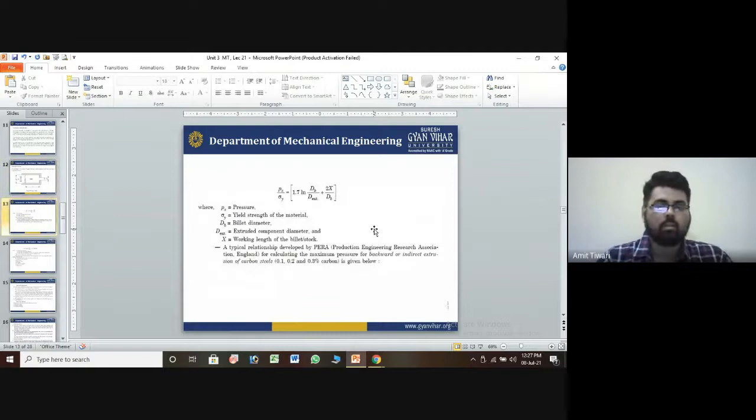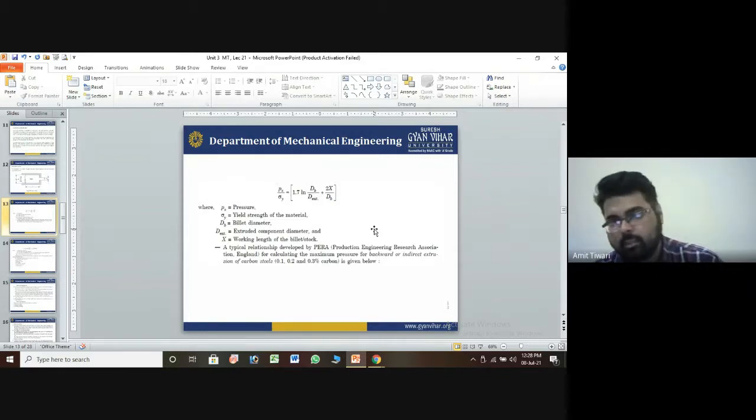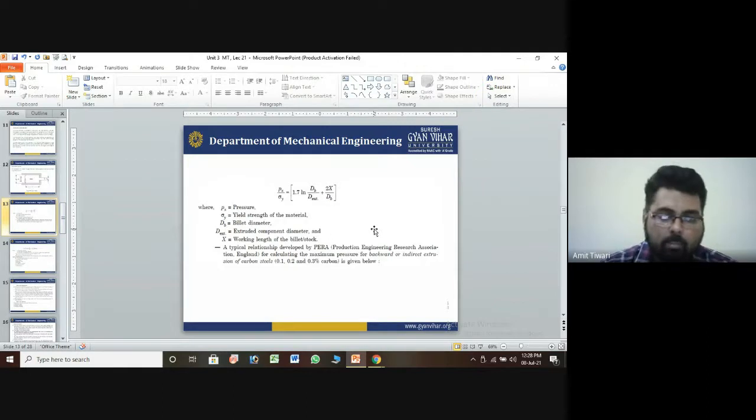Now what is the formula for that? The formula required is basically Px divided by sigma y. Px divided by sigma y is equal to 1.7 in bracket, where the diameter of the billet and the diameter of the extrusion are related as 2y divided by dB.